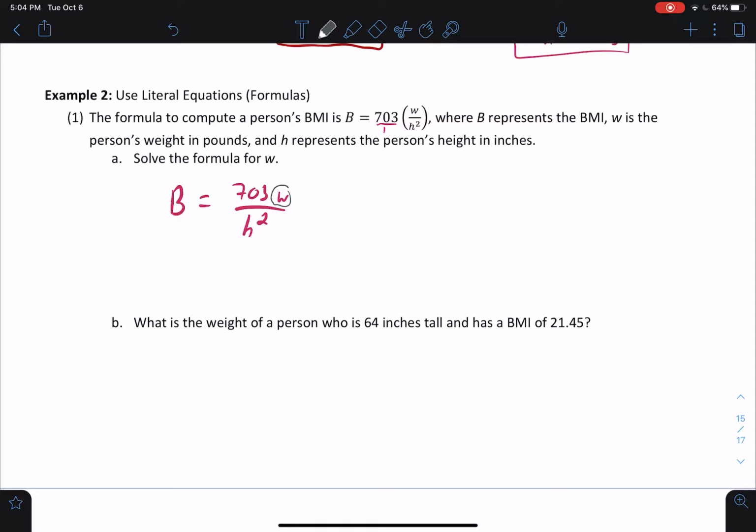So the first thing I'm going to get rid of is H squared. How am I going to get rid of H squared? What is it doing to the entire numerator? It's dividing. How do I undo division? I multiply. So I'm going to multiply both sides by H squared. That's going to leave me with BH squared equals 703W.